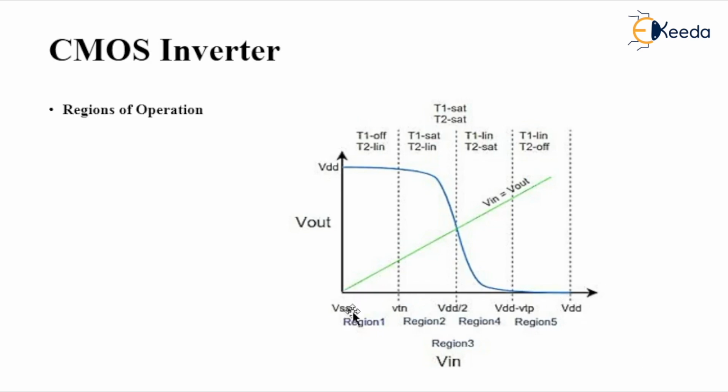Simply it is complementing the input at the output, toggling from 0 to 1 state as well as 1 to 0 state. So here there are 5 regions: region 1, region 2, region 3, region 4 and region 5.